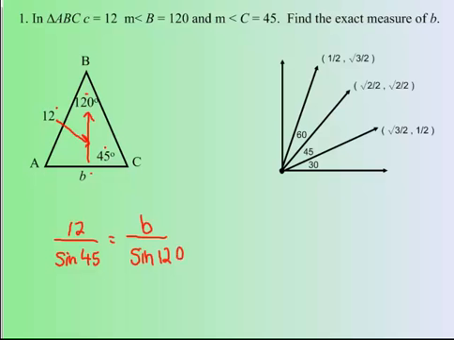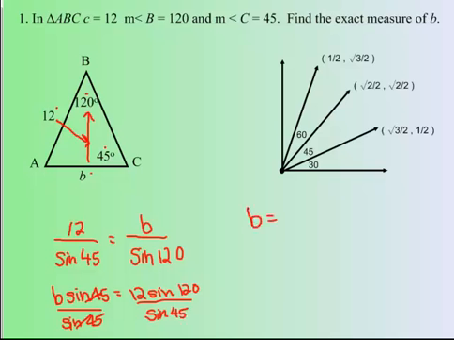We solve a proportion by cross-multiplying. B sine of 45 equals 12 sine of 120. Divide both sides by the sine of 45. And there, that's what side B is.